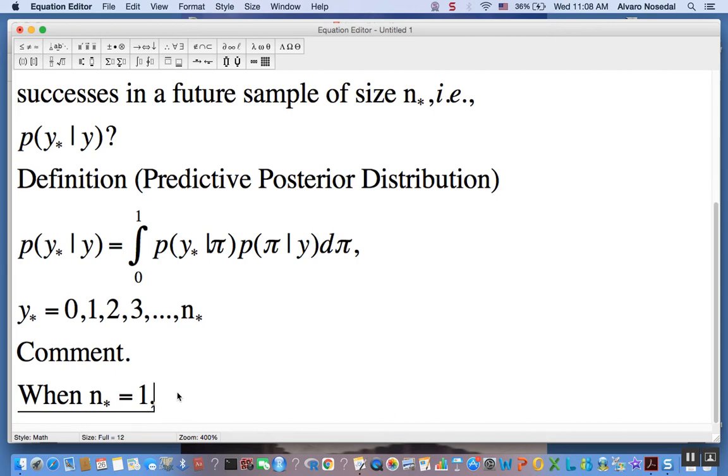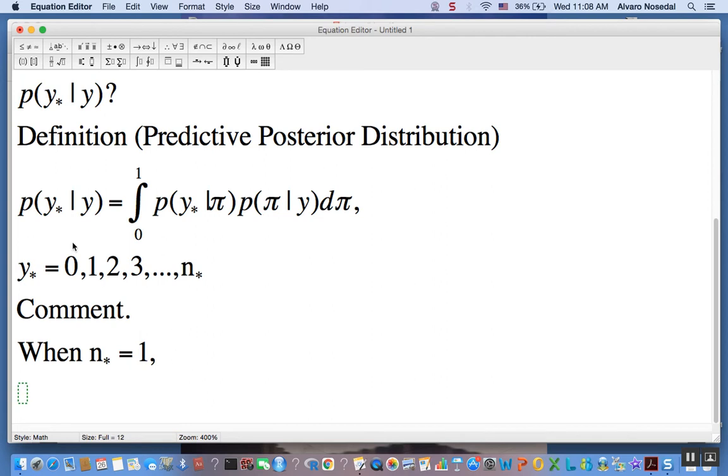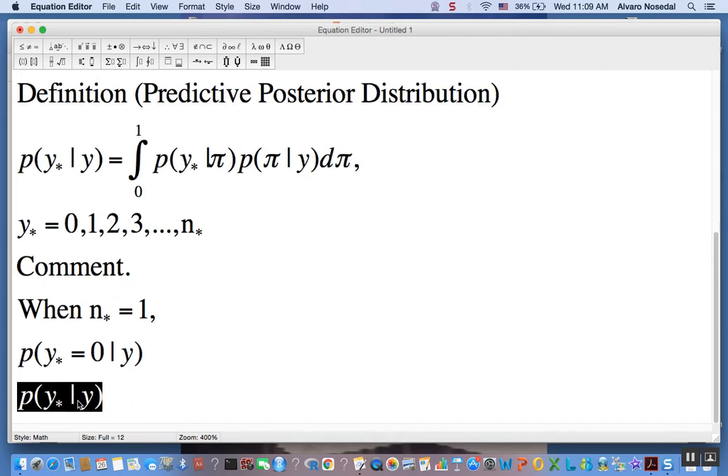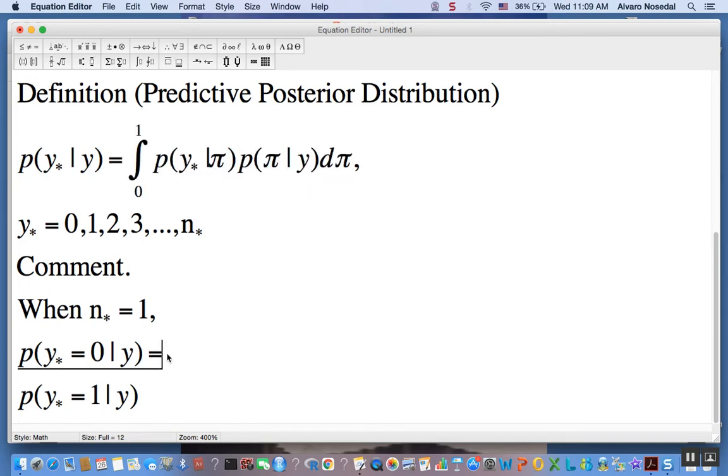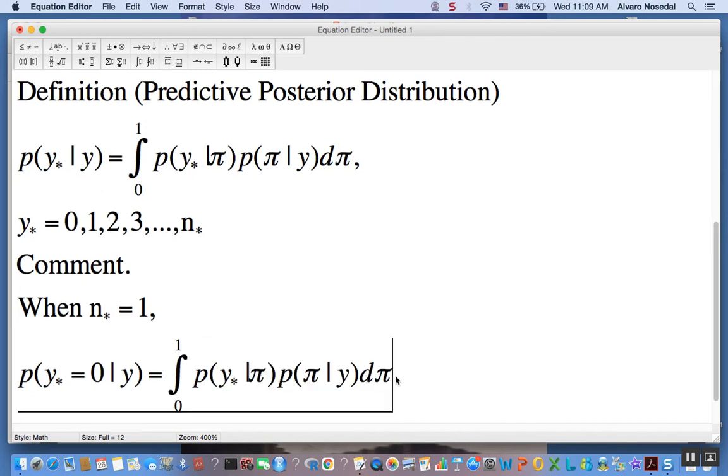So we could compute that probability for y star equal to 0 or y star equal to 1, that is, seeing 0 successes in a sample of size 1 or 1 success in that sample of size 1. Now let's use the definition that we have here. Make sense?